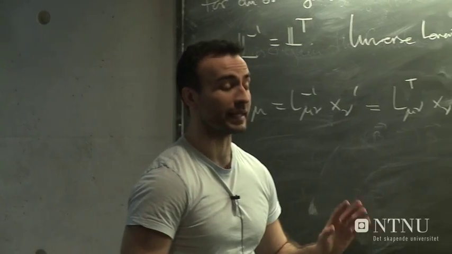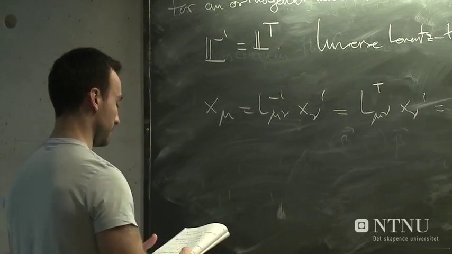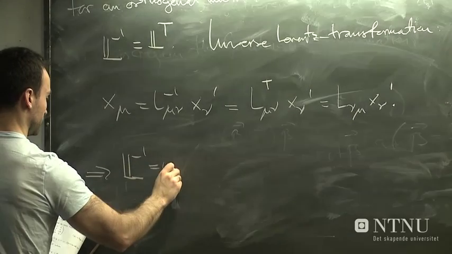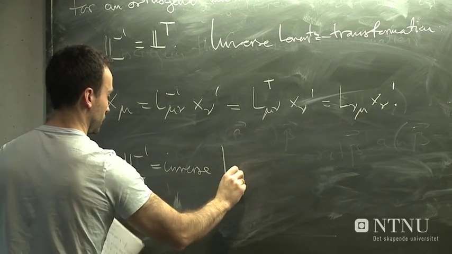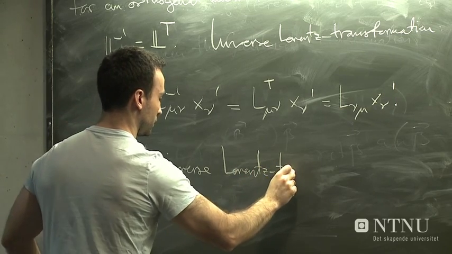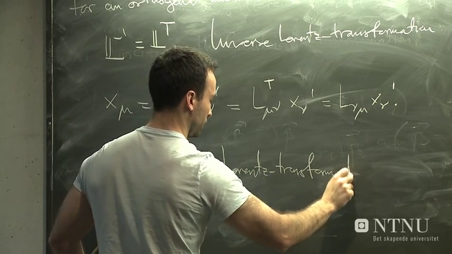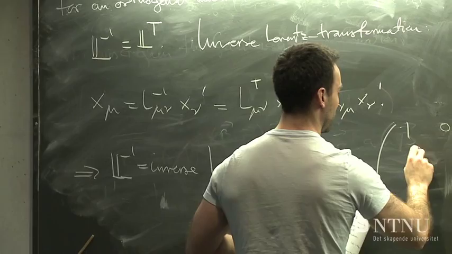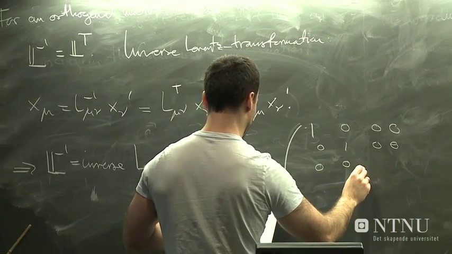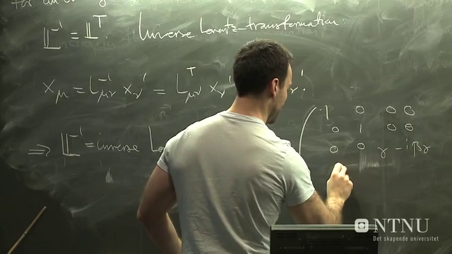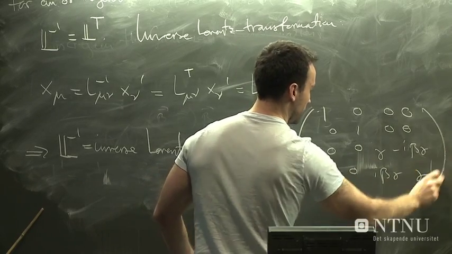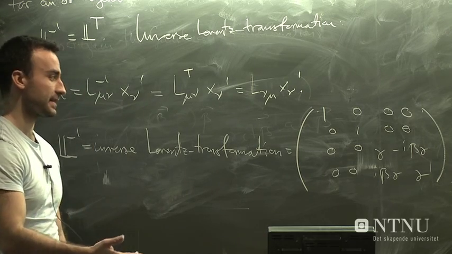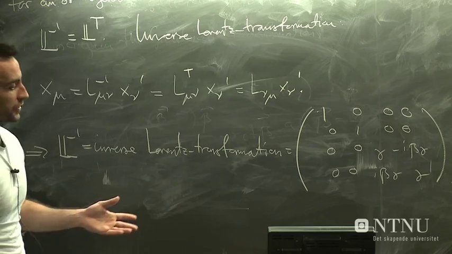So from this we can immediately write down the inverse Lorentz transformation, considering just for simplicity here the case where we have motion along the z-axis. So it's just a transpose.